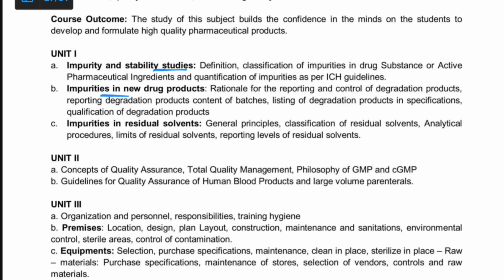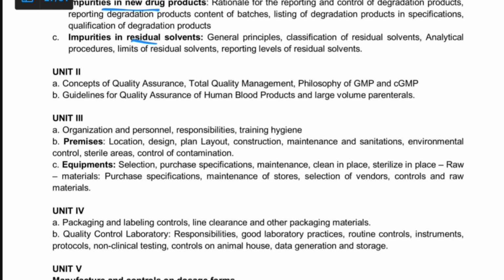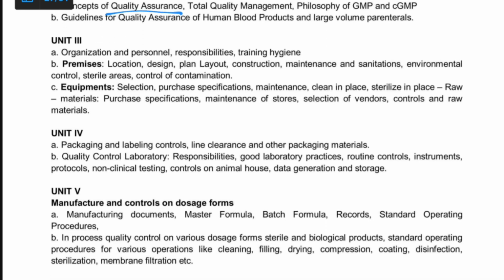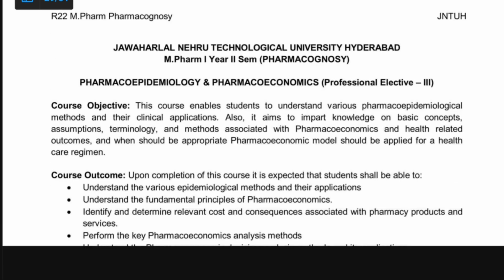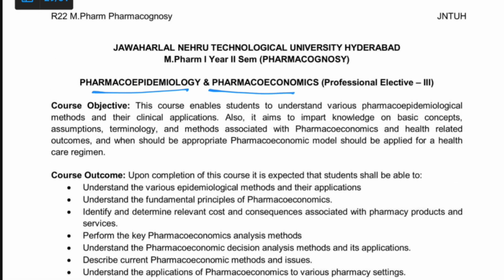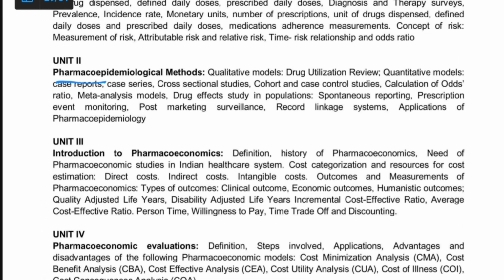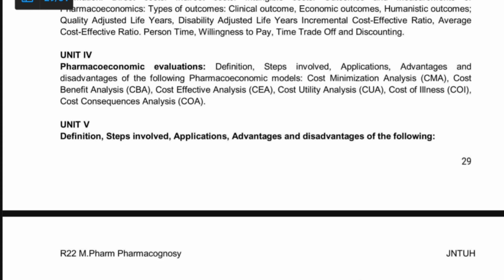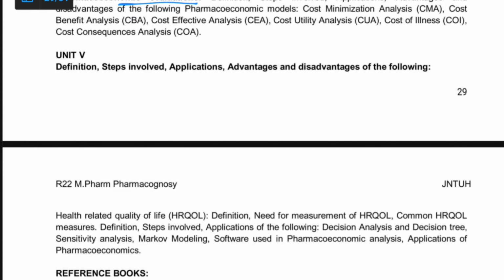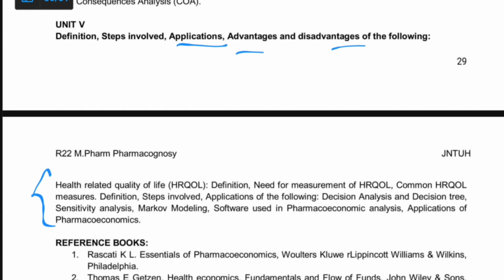And we have pharmaceutical quality control and quality assurance: impurities and stability studies, impurities in new drug products, impurities in residual solvents, concepts of quality assurance, guidelines for quality assurance and human blood products, premises, equipment, packaging and labeling control, manufacturing and controls on dosage forms. Pharmacoepidemiology and pharmacoeconomics: pharmacoepidemiology methods, introduction to pharmacoeconomics, pharmacoeconomic evaluations, definition, steps involved in applications, advantages and disadvantages of the following.